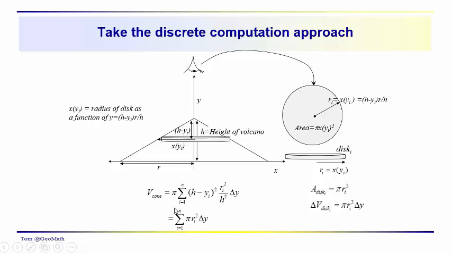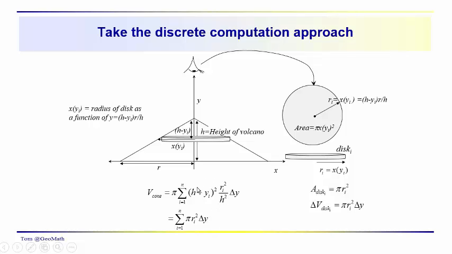Okay, so the volume then is easily evaluated, let's say in Excel, just as pi times the sum from i equal 1 to however many disks it takes that are delta y thick in order to go from the base to the top of the volcano, or the top of the cone in this case.